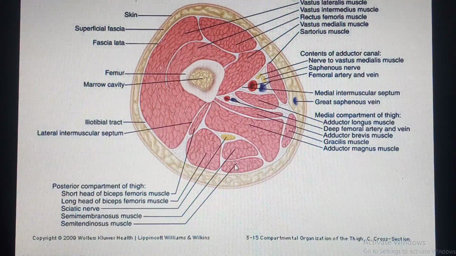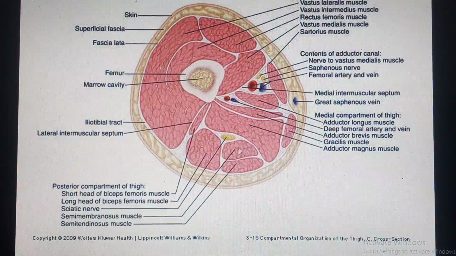But as you descend, at the very proximal portion, the semitendinosus is sandwiched between the long head of biceps femoris and the semimembranosus muscle. But because this one is taken at a bit lower section, you can't appreciate that organization. What we can appreciate over here is that as you come more medial, the semimembranosus and semitendinosus will be there.